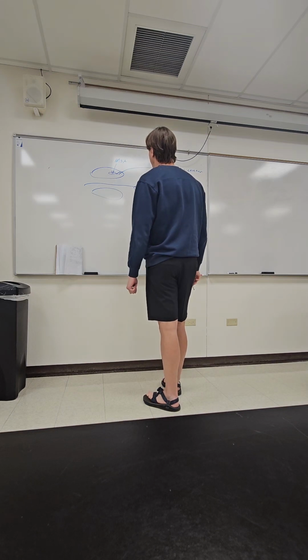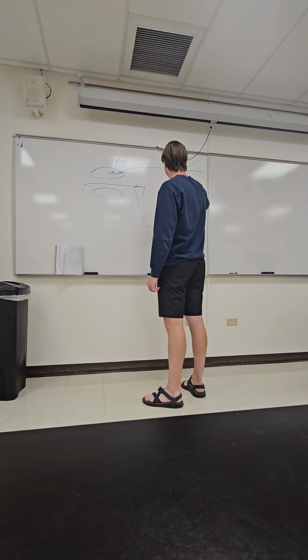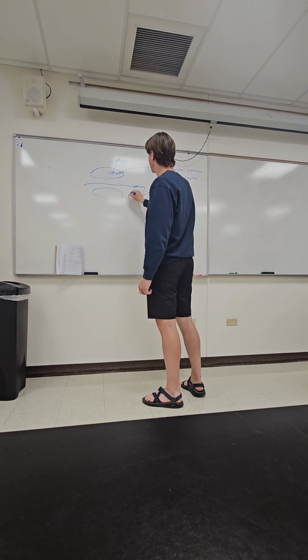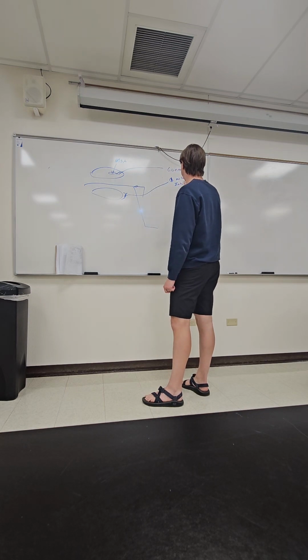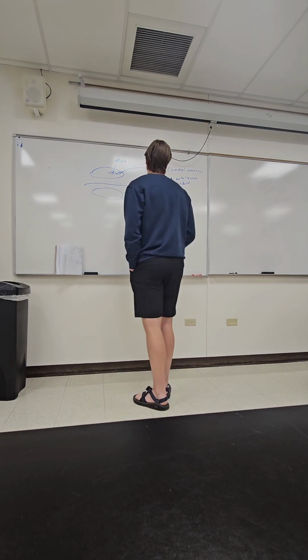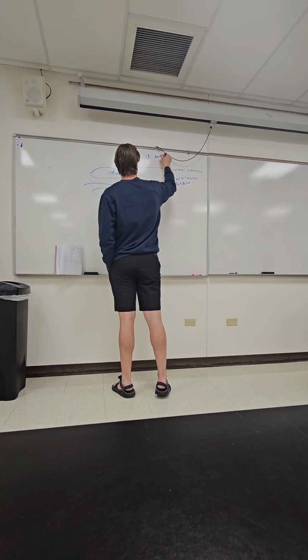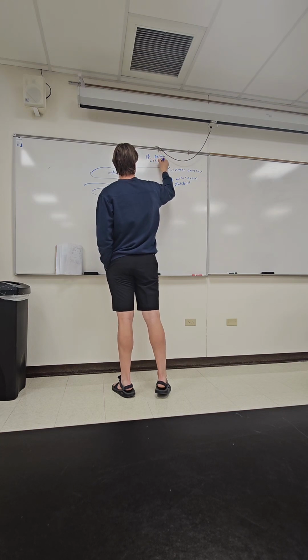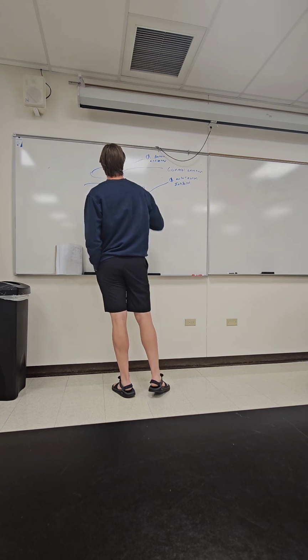Basically, the alpha motor neuron going to the hamstring will be inhibited, and the alpha motor neuron going to the quads will be activated.